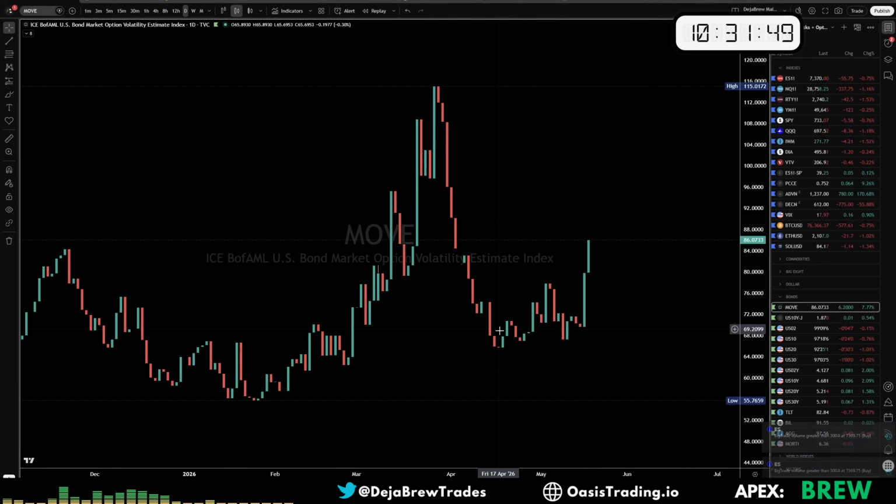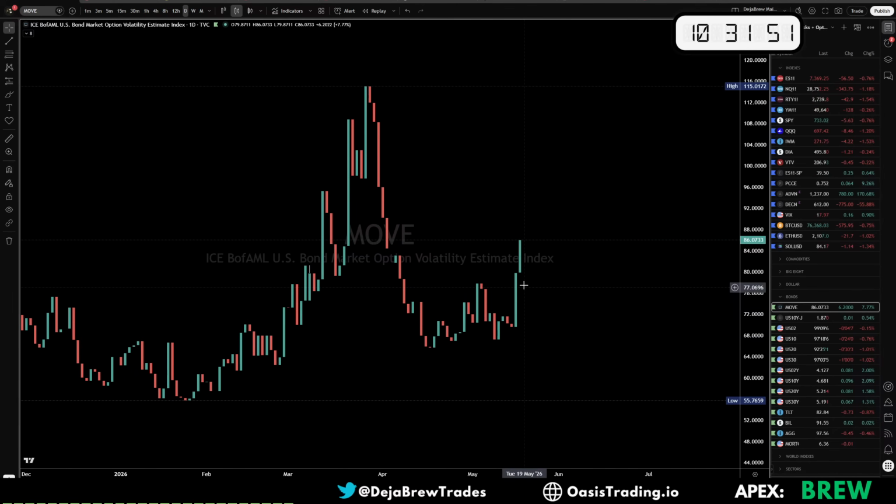Yeah, here's the bond volatility index. You can see it's spiking the last couple of days.